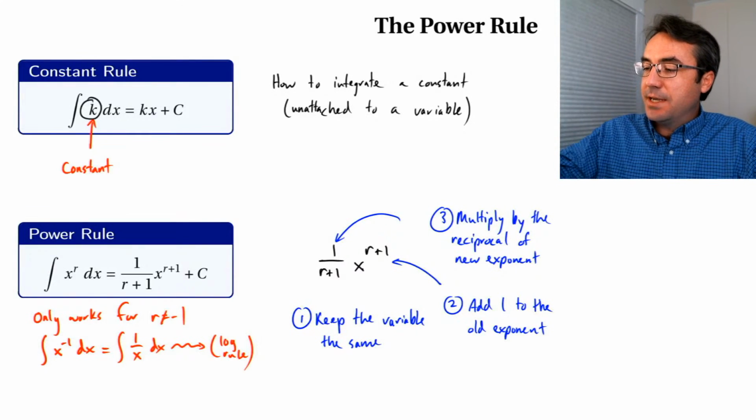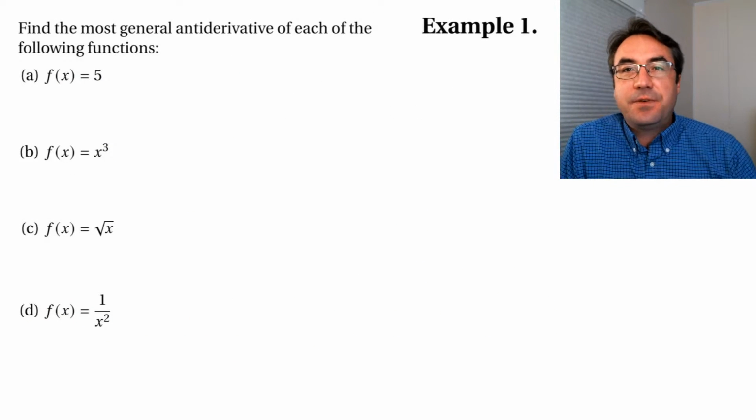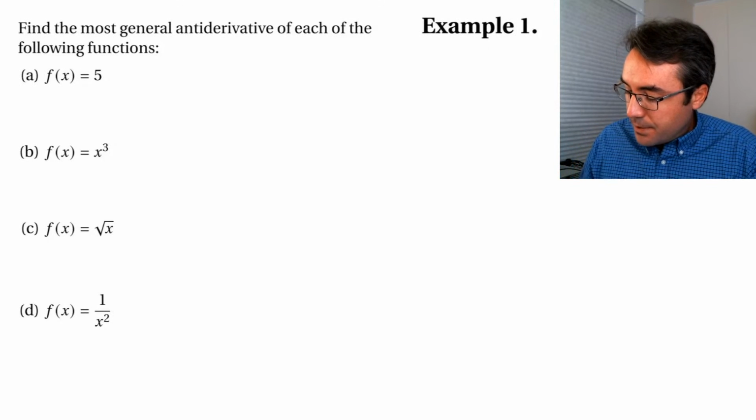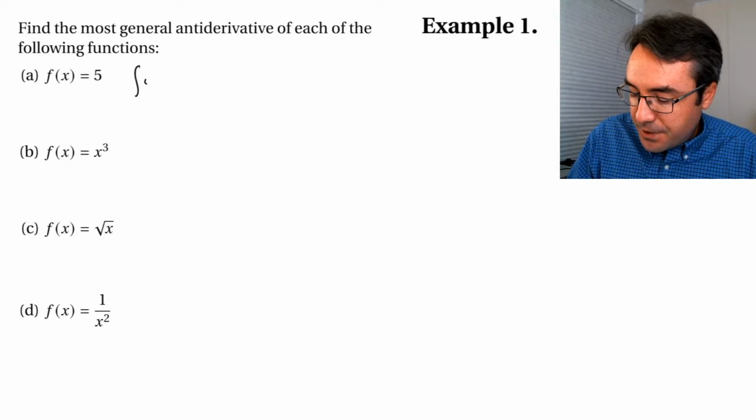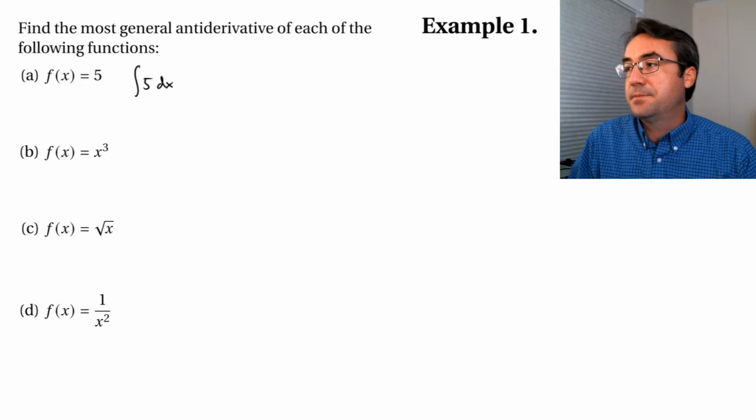All right, so let's try some examples. So let's find the most general antiderivative of each of these functions. So for part A, we have the constant function 5. So really what we want to do is just figure out the antiderivative of the constant function 5.